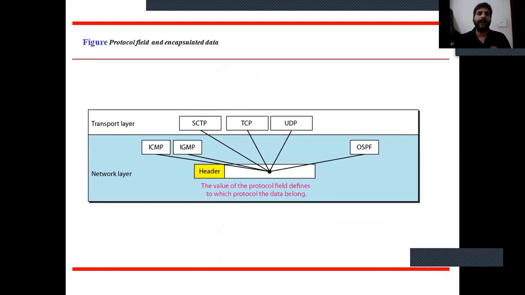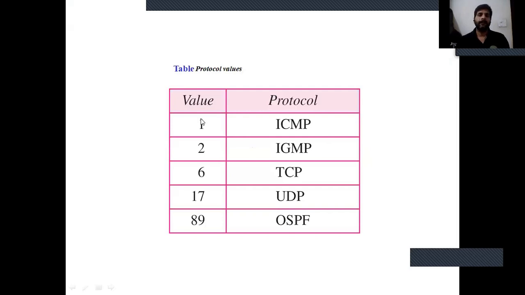The next protocol field is encapsulated with several types of protocols like transport layer SCTP, TCP, UDP, and network layer headers containing ICMP, Internet Control Message Protocol, Internet Group Management Protocol, and Open Shortest Path First. The value of the protocol field defines which protocol the data belongs to. So the ICMP value is 1, IGMP is 2, TCP is 6, UDP is 17, and OSPF is 89.